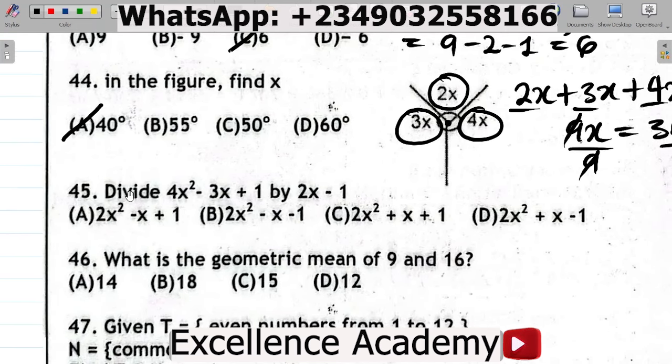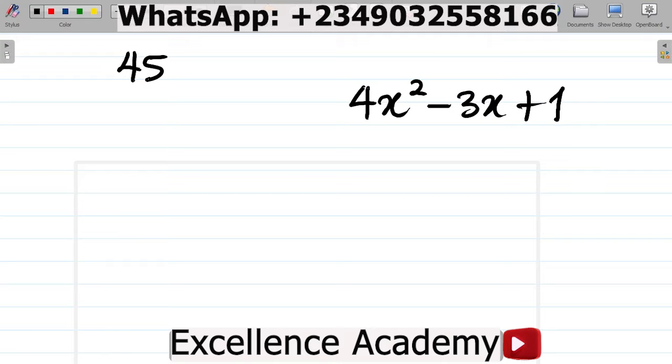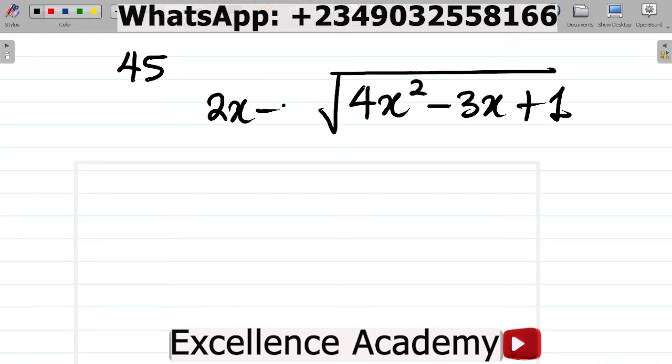Question 45 says divide 4x squared minus 3x plus 1 by 2x minus 1. So let's do long division. All right. So for 45, we have to divide 4x squared minus 3x plus 1 by 2x minus 1.